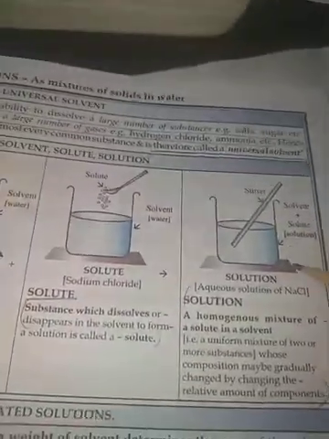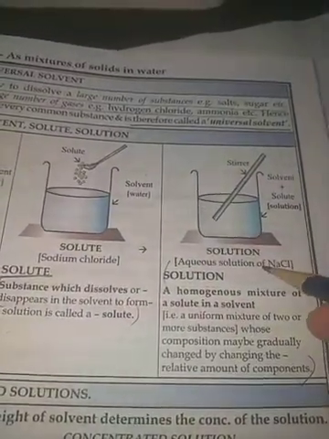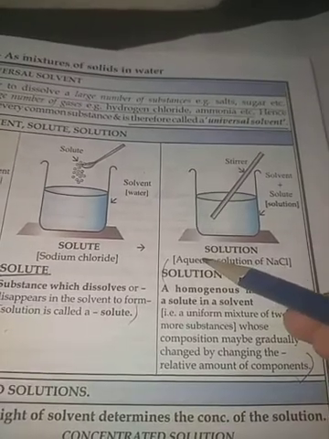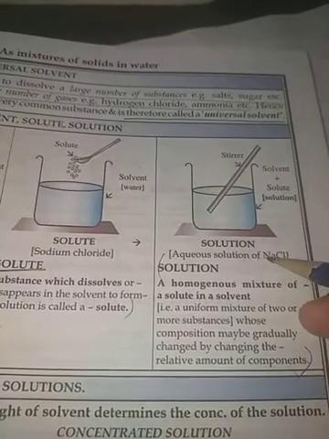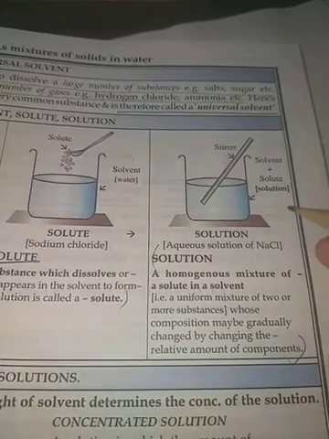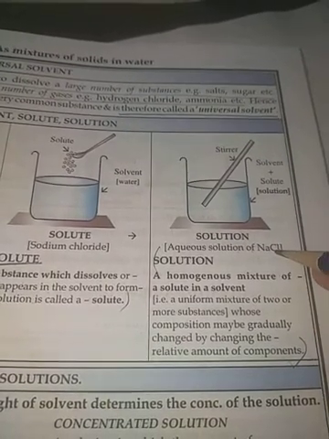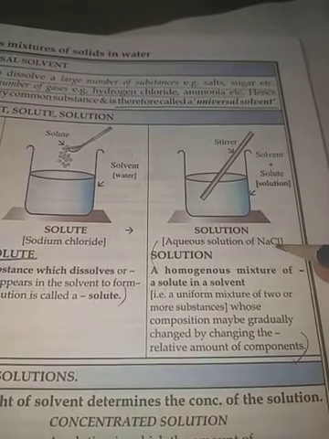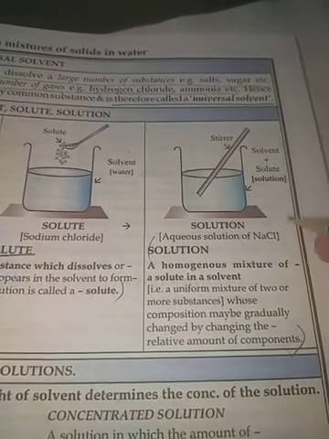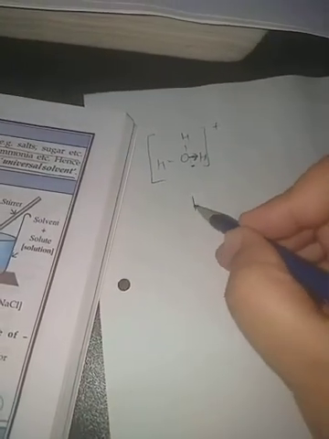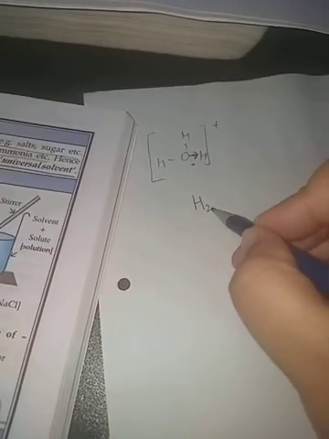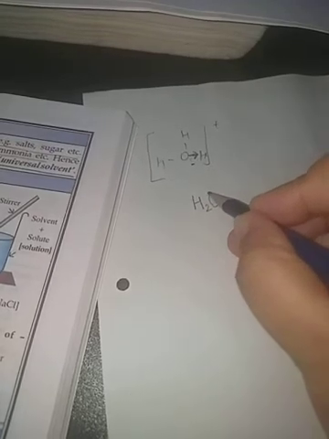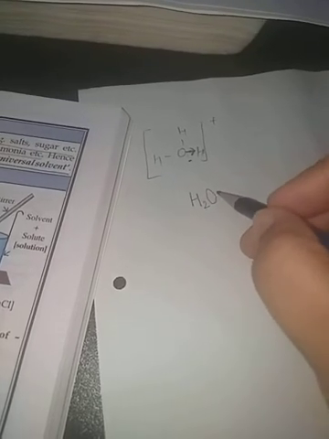Now if we talk about solution, see here it is written aqueous solution of NaCl, and students please keep these things in mind. If you are writing chlorine, C should be capital, l should be small. If you are writing water, H2O, H and O should be capital, because you people are making mistakes.